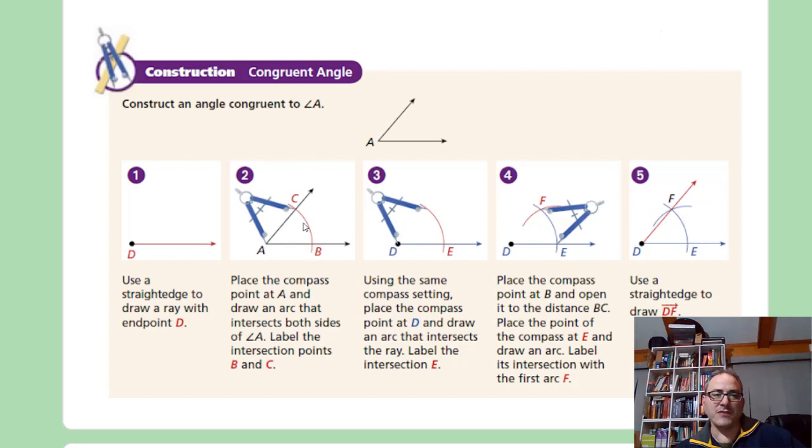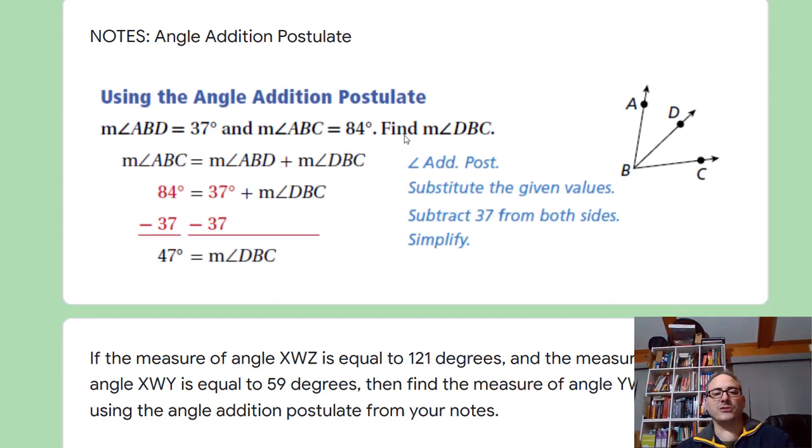We're going to remember that distance and use it again in our construction, which will put our compass here and give that same distance over here, and where those two arcs meet, that will be a copied angle. And now this angle here, angle D, is congruent to angle A. Again, we did that one in class. I'll show it to you in person.